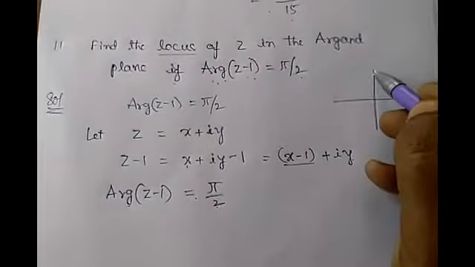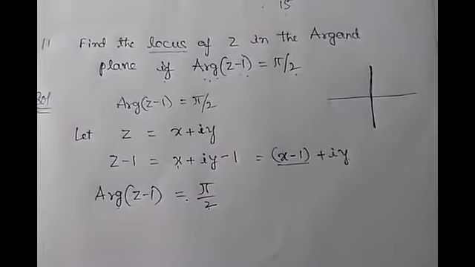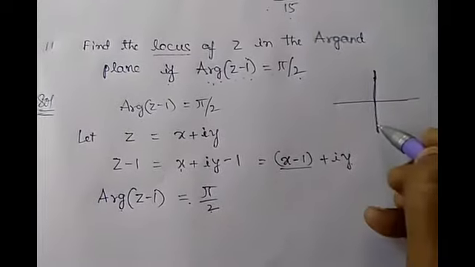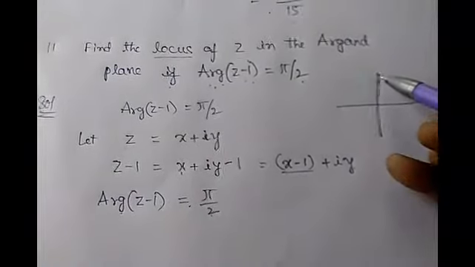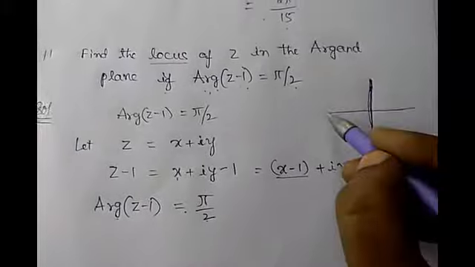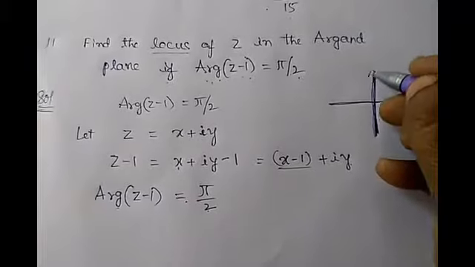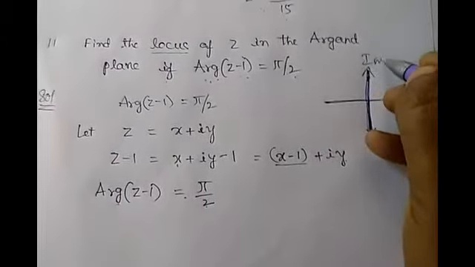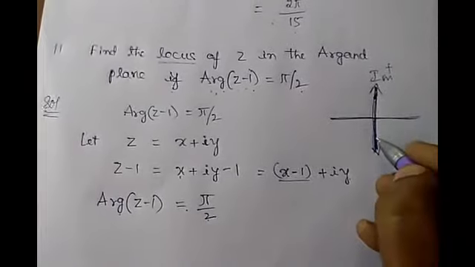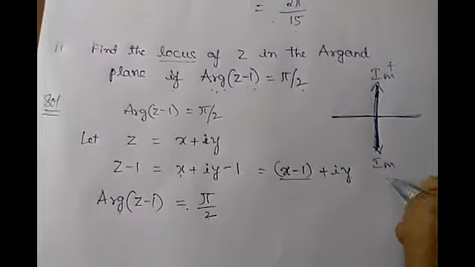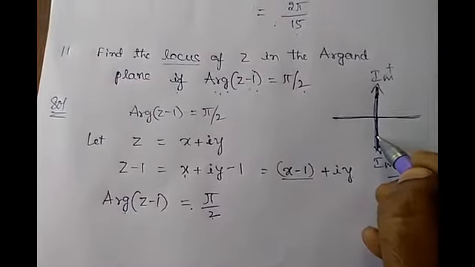Already I told you in the previous class: if Z is a purely imaginary number, then we get plus pi by 2 or minus pi by 2 depending on the positive imaginary axis or negative imaginary axis. If Z lies on the positive imaginary axis, then the argument of that Z is pi by 2. If Z lies on the negative imaginary axis, then the argument of Z is equal to minus pi by 2.